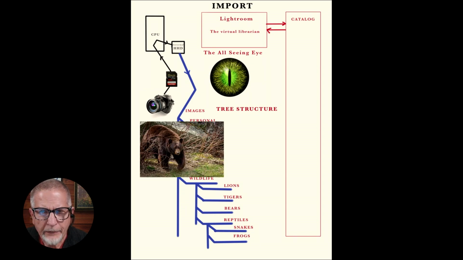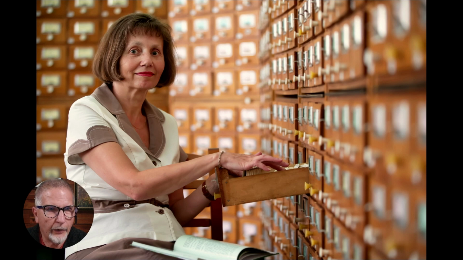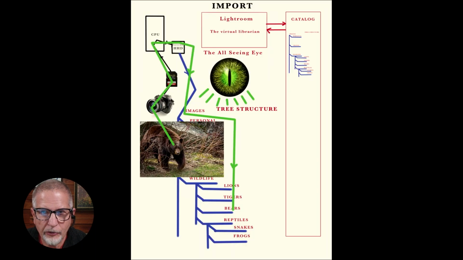So if I have a bear image on my computer, now this is on the left-hand side, this is my CPU. If I have a bear image and I store it in my file structure, it's actually going to go underneath wildlife, bears. And what we then have is our virtual librarian. Now she's busy, and what she's doing is making a catalog of where that image is.